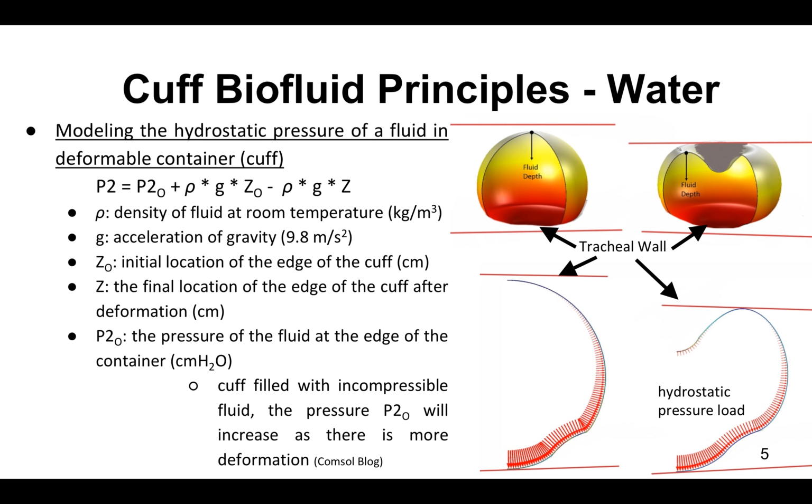G is acceleration due to gravity, and ZO is the initial location of the edge of the cuff from the center, and Z final is the final location of the edge of the cuff after deformation. So the idea is, due to the deformation of the cuff, due to the cuff being attached to the tracheal wall, it will create a higher pressure within the cuff itself.